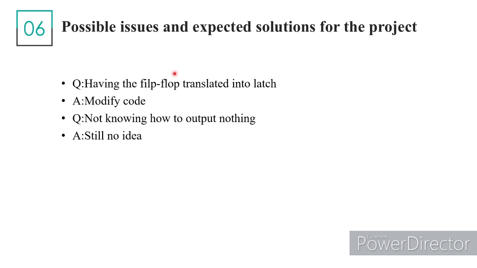For example, in the peak maximum circuit, if the maximum value in round 1 is not greater than the maximum value of round 0, then we should output nothing in round 1. However, we don't know how to implement such a function, so we will try to discuss with other groups to obtain a solution.